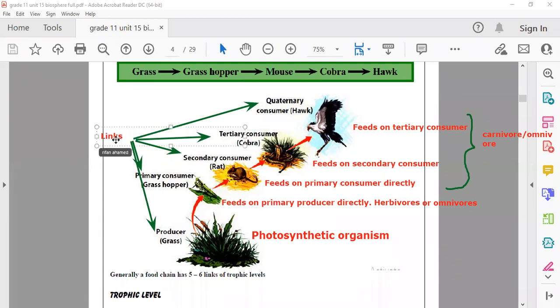So the food chain you have been shown here has 5 links. In the natural environment, the number of links in a natural food chain can go to a maximum of 6. It cannot exceed 6. Hope you understood it. Though you don't draw the picture, you mark these details in your note and develop a perfect note.